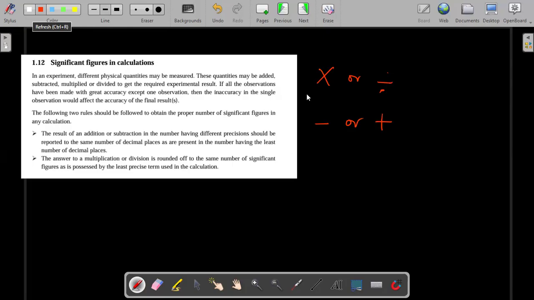Let's start with the first one. What do you do when you are multiplying or dividing numbers?